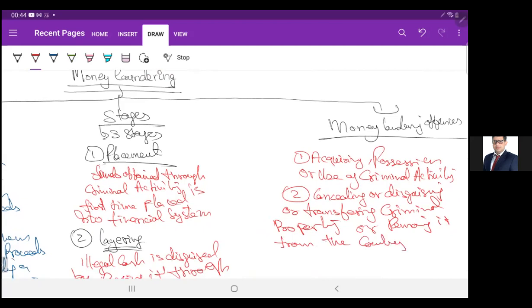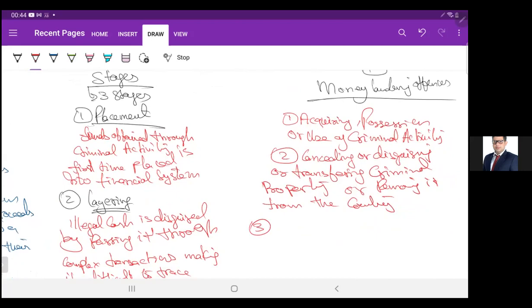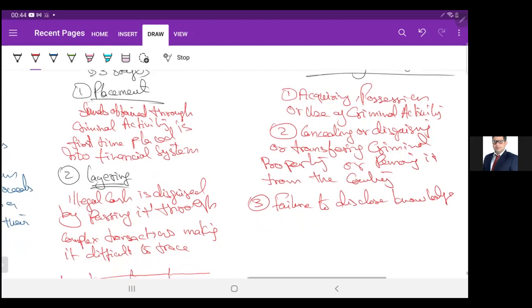Next, number three, failure to disclose knowledge or suspicion of money laundering.